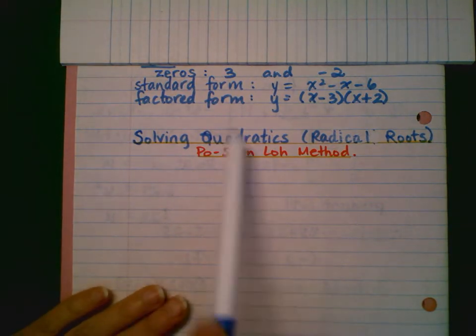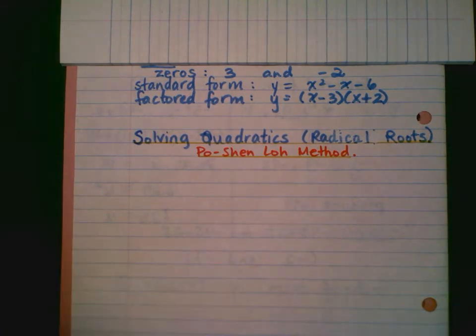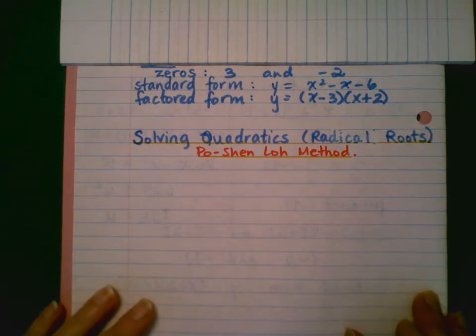So in the previous examples, all of the zeros were integer values, +2, -2, 7, 7, 5, etc. For the example that I'm going to show you here, the solutions are not integer values. They're going to include radicals.